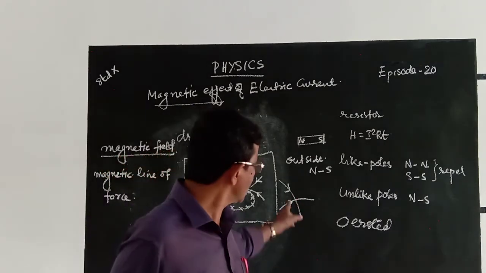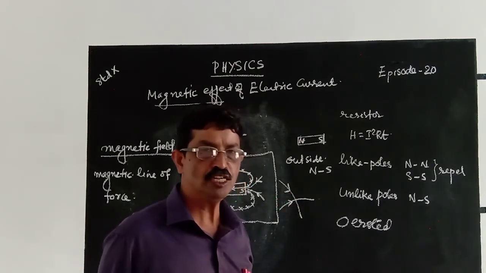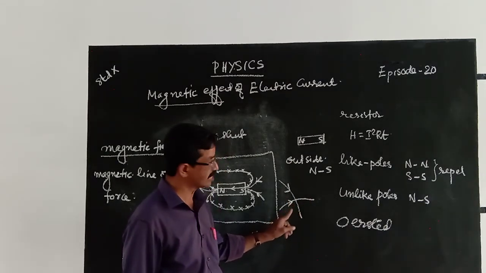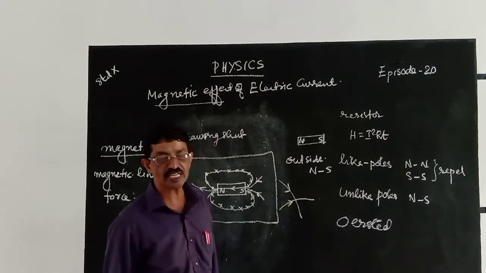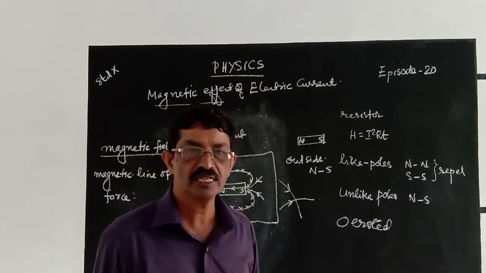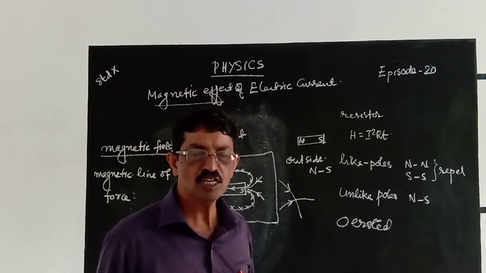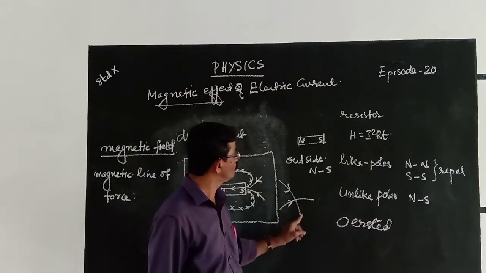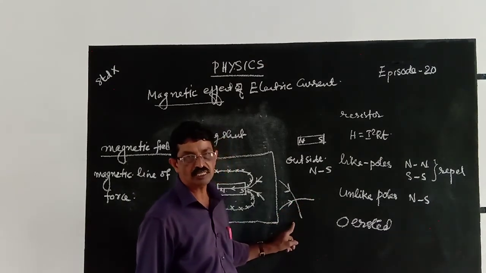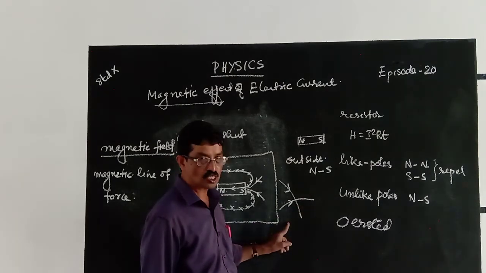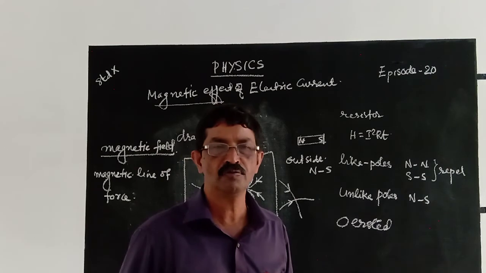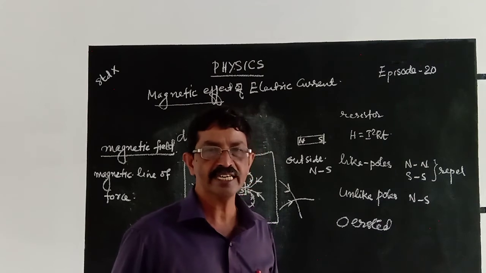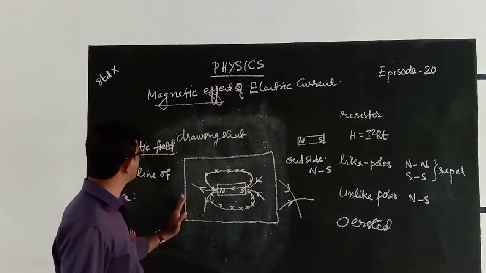That means the North Pole would point in two directions, which does not happen. So these magnetic lines of force do not intersect each other.